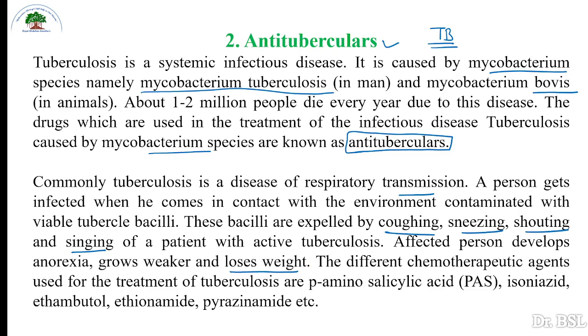The different chemotherapeutic agents used for treatment of TB are para-aminosalicylic acid, isoniazid, ethambutol, ethionamide, and pyrazinamide. These are some of the examples.